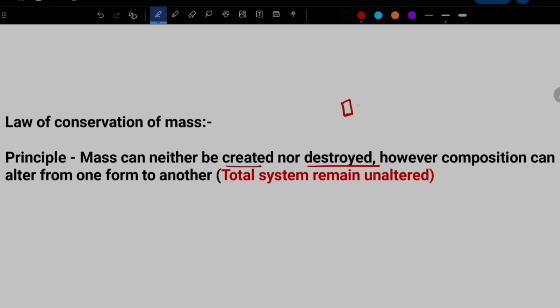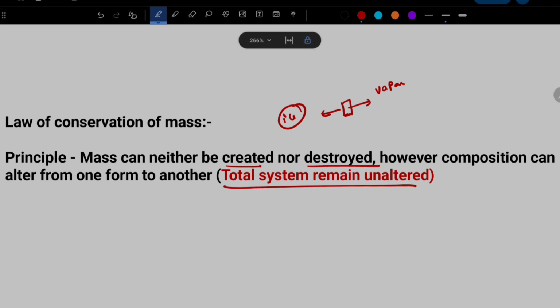If water is there, you can make it into vapor, or you can make it into ice. You can change the form, but you can never destroy the mass. It will just change its form. So that is the very first principle you need to know. So the total system remains unaltered. Okay, so this is the first point.